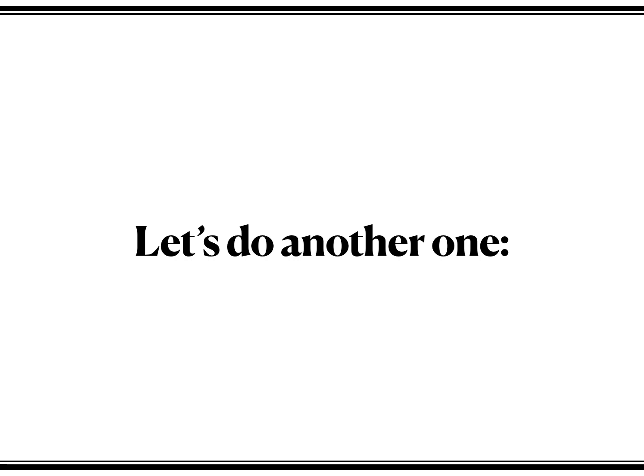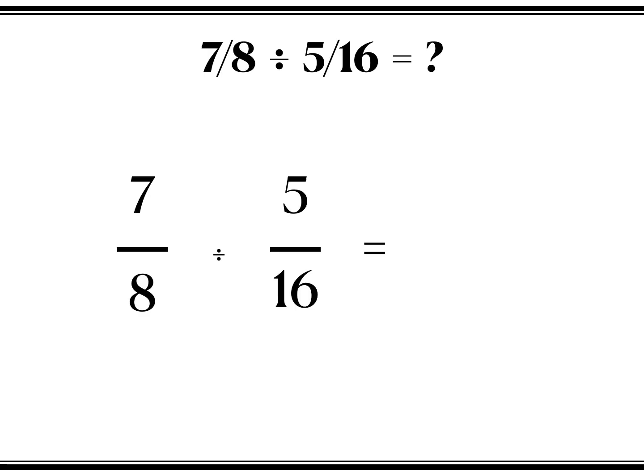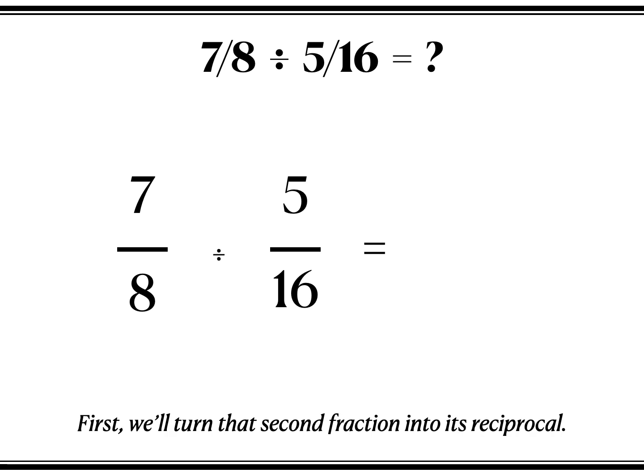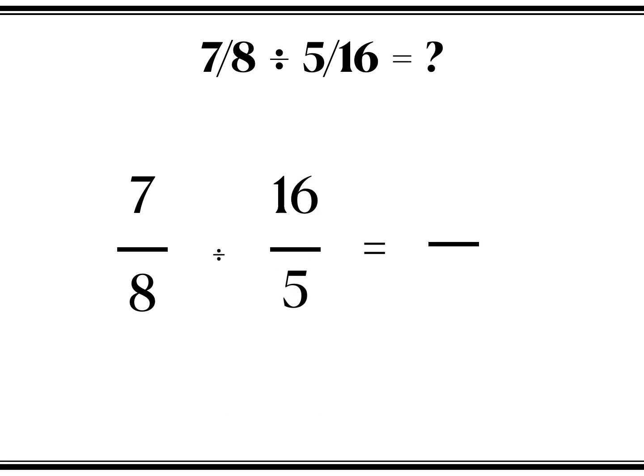Let's do another one. All right, 7/8 divided by 5/16. So first we need to turn that second fraction into its reciprocal. Swap those around. And remember, now we are multiplying. 7 times 16, 112. You may have had to use a calculator for it. That's fine. 8 times 5, 40.